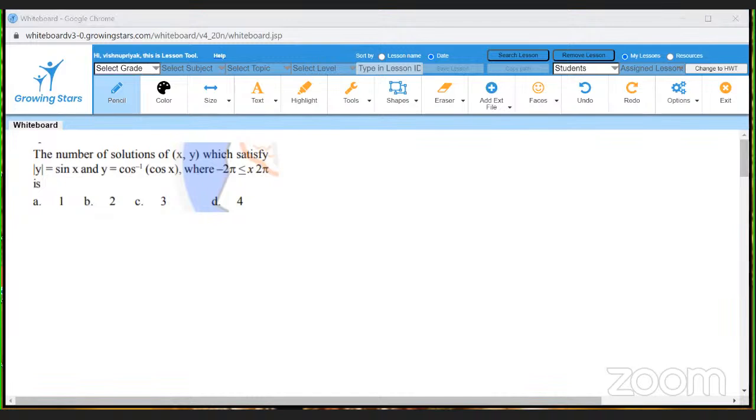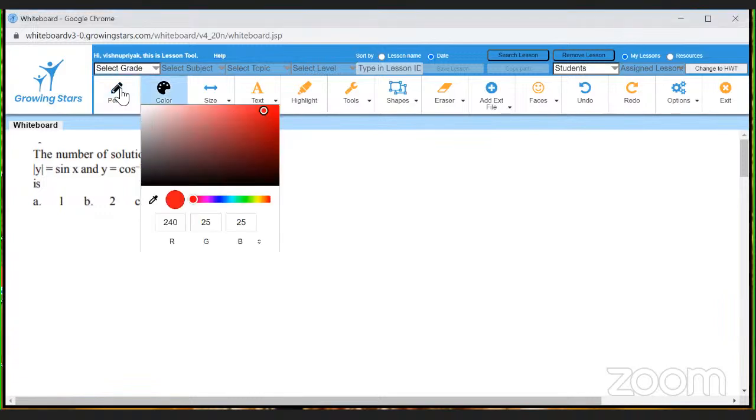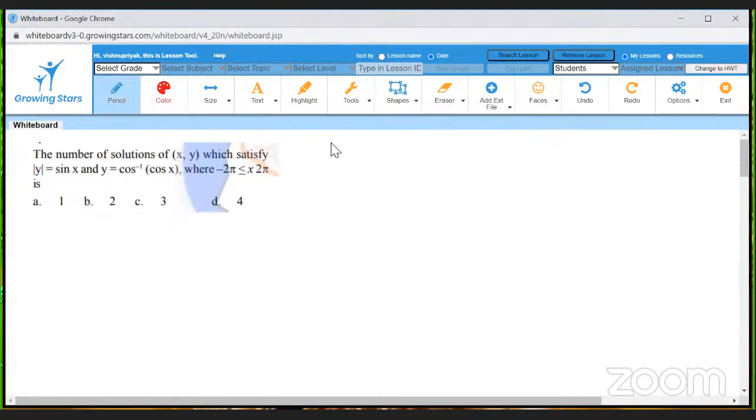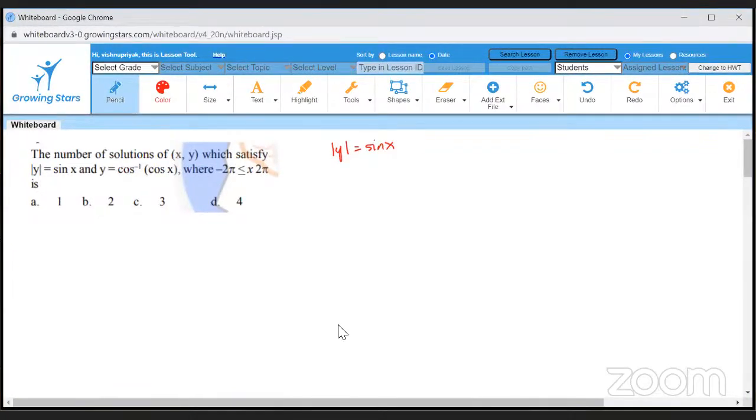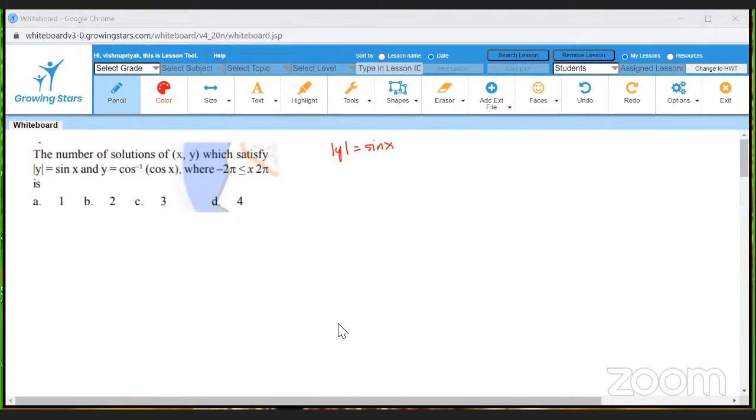The question: the number of solutions of (x, y) which satisfy mod of y equal to sin x. This is one equation, and the other equation is y equal to cos inverse of cos x.